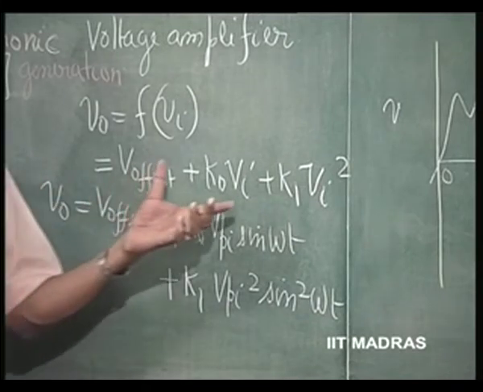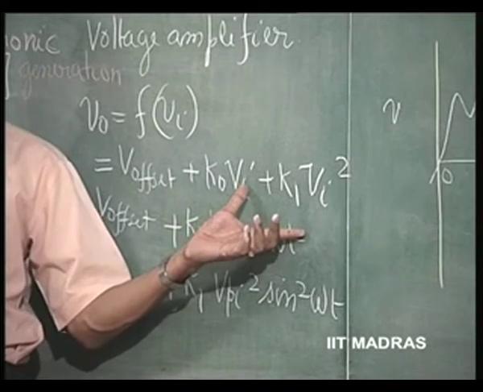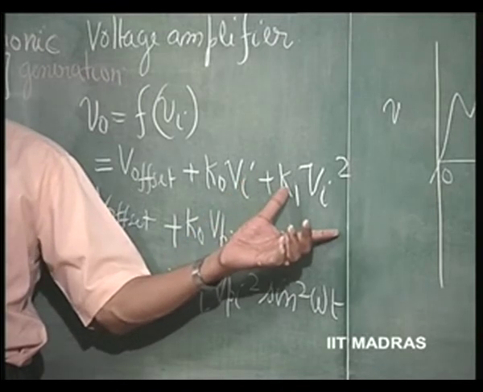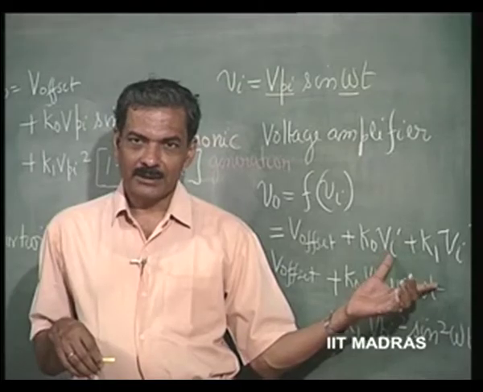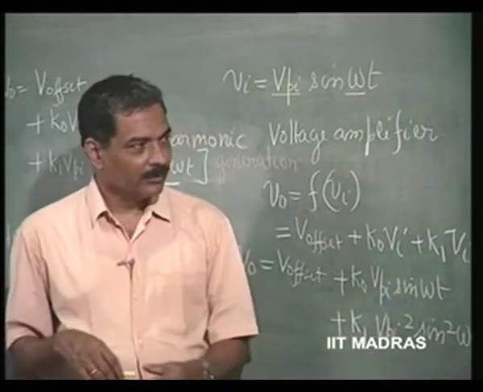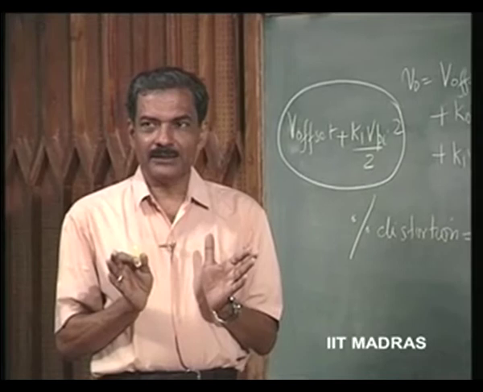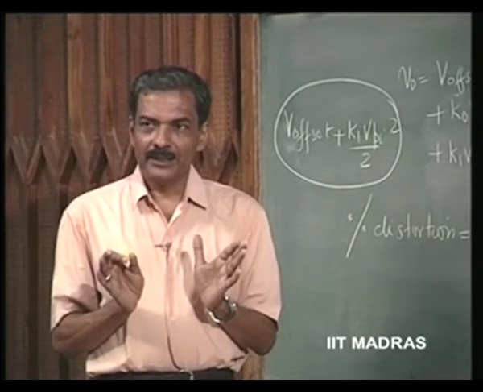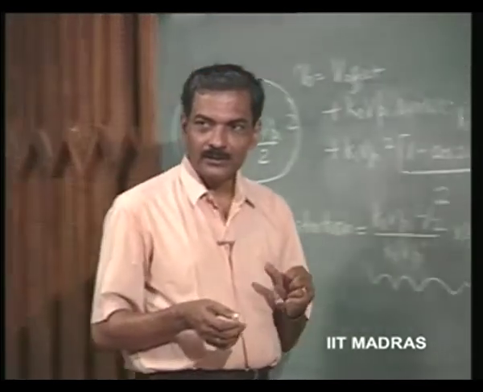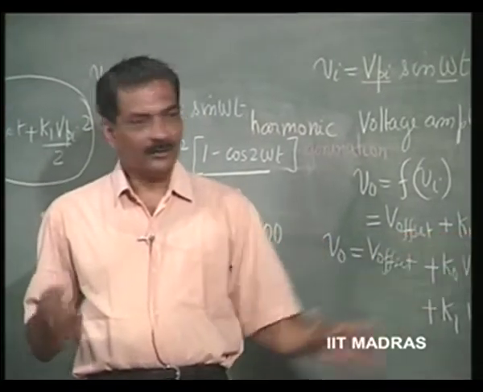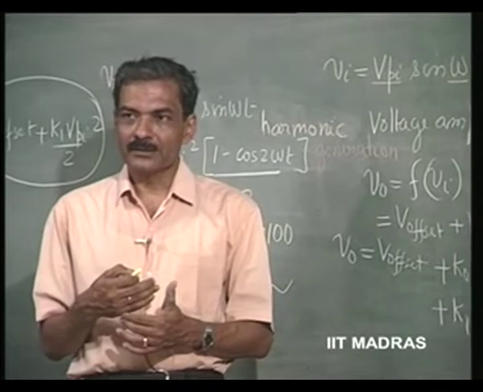This square law nonlinearity is absent only in a differential structure. There the first nonlinearity is cubic. Square law is absent, it gets cancelled. Therefore, we will see that arranging these different devices, BJT or FET, itself will cause us to get rid of certain dominant nonlinearities. So, this is also part of the design.